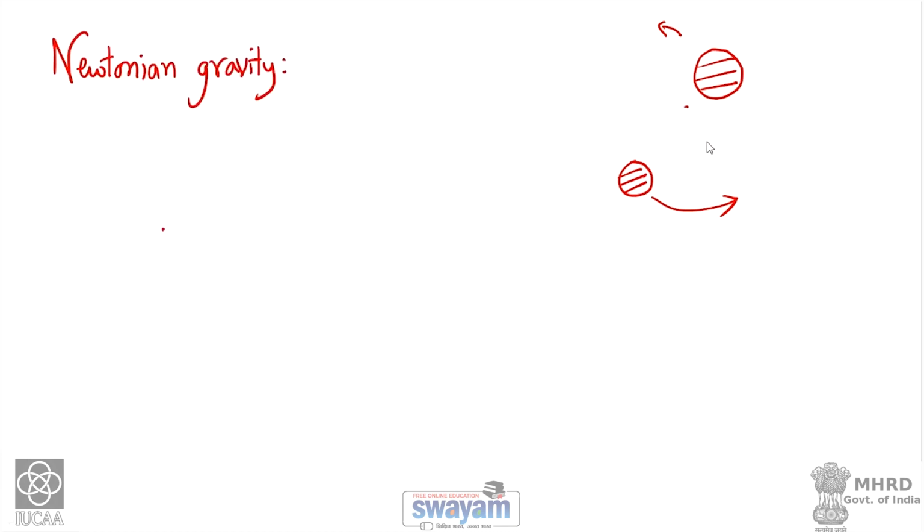If I am sitting here at point P and I ask what kind of gravitational field I will measure at point P, then because the two masses, let us say this is m2 and this is m1, are moving around the center of mass, the positions of m1 and m2 are changing with time, and hence the gravitational field that I measure is time dependent.